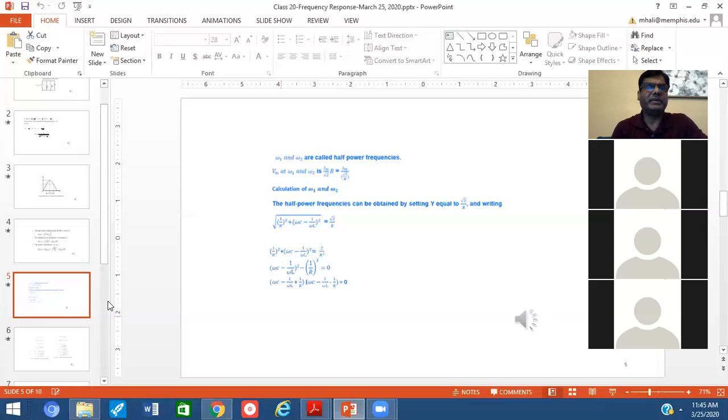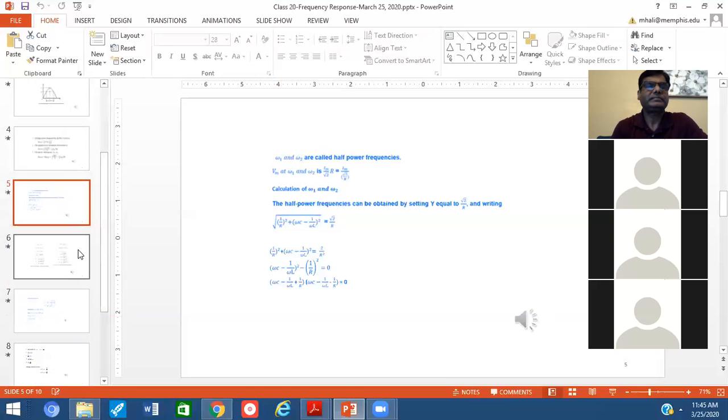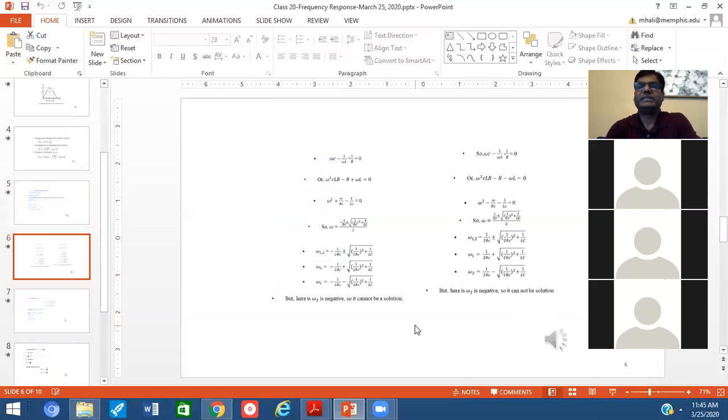So moving forward, see this slide. First look at the left side, omega C minus 1 over omega L plus 1 over R equal to 0. And then I'm simplifying, and you see in the third line on the left side that it is actually a quadratic equation: omega squared plus omega over RC minus 1 over LC.